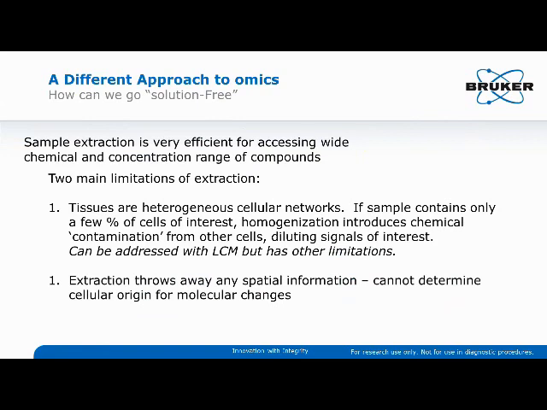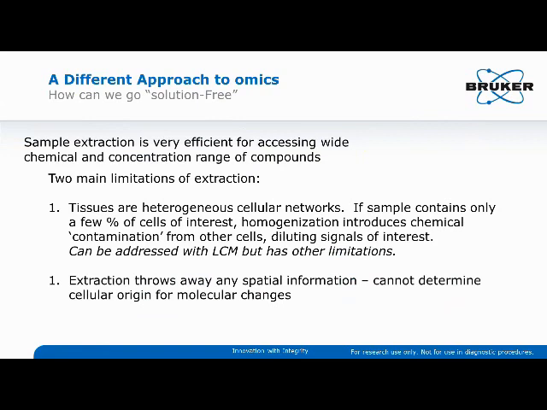Those other cells are contributing a huge amount of chemical contamination. And additionally, in the process of homogenization in the presence of all this other contamination, the signals and compounds from the cells of interest are actually getting diluted out. Oftentimes, they may fall below the limit of detection, again coming back to the dynamic range issue.